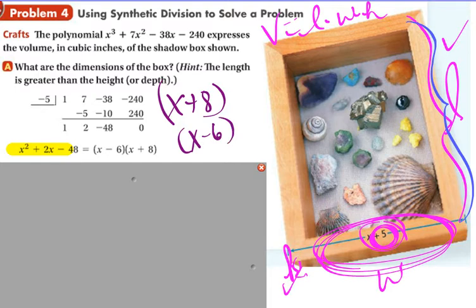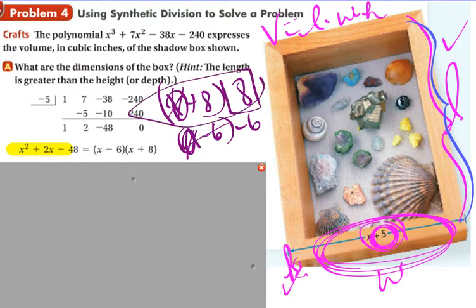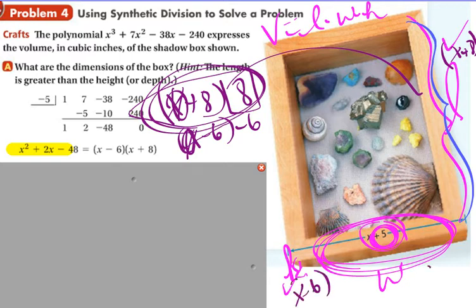I'll choose 0. 0 plus 8 is 8, 0 minus 6 is negative 6. Oh, the x plus 8 is bigger. So that means it must be my length. x plus 8 is my length, and that means the other one, x minus 6, is my height.